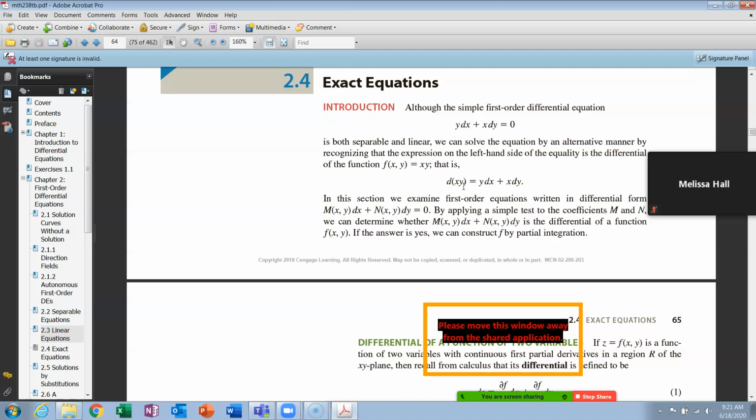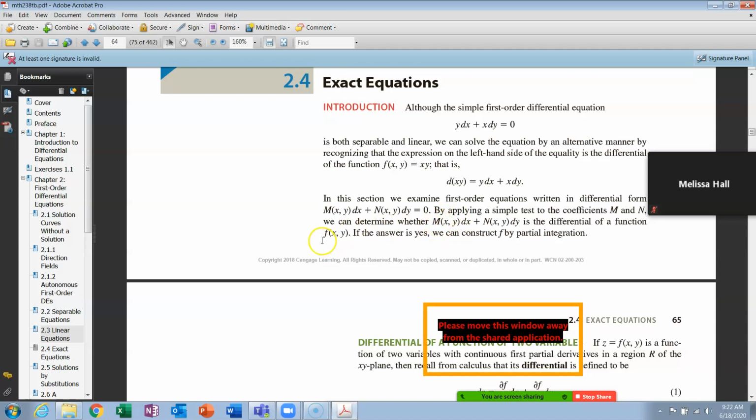Okay, so the question is then, can we come up with a function f of x, y such that the M of this is the partial of that with respect to x?